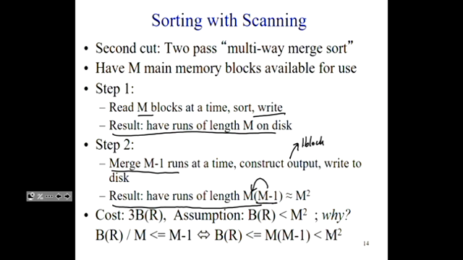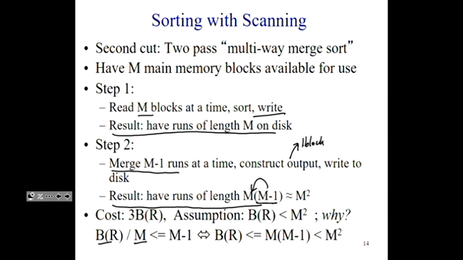Another way to reason about the same thing is you need B of r divided by m. So if you chunk up the relation into collections of length m, then the number of such runs has to be less than or equal to m minus 1, because you want one representative from each run to be in memory.